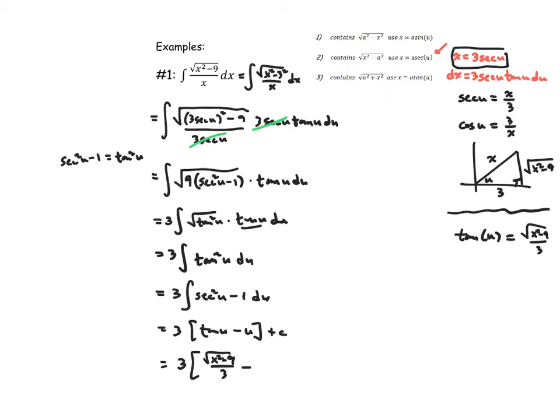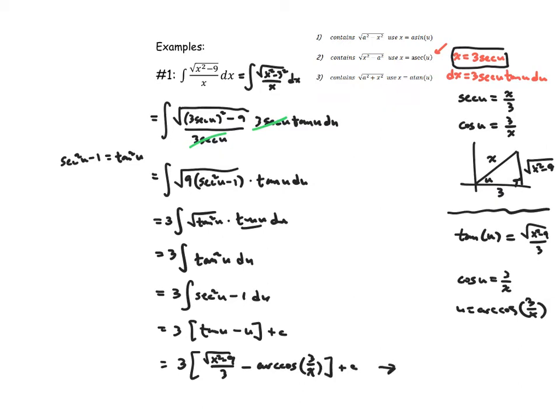I could represent u using an arctangent, an arcsine, an arc cosine. Doesn't matter which one of the 3. So I'm going to choose to use cosine. It'll keep me from having to write too much. So if the cosine of u equals 3 over x, then u equals the arc cosine of 3 over x. So I would have u equaling the arc cosine of 3 over x plus c.